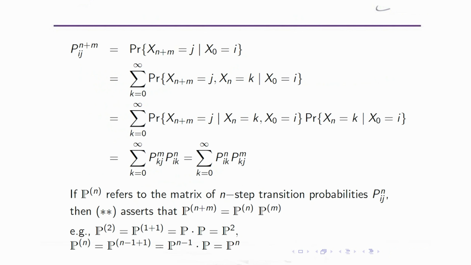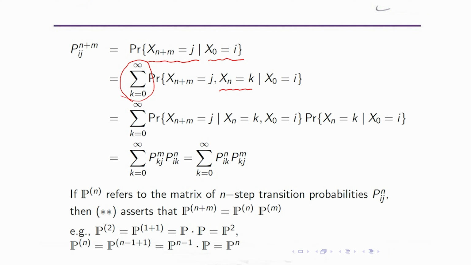Now we prove that P_ij^(n+m), based on the definition, means we start from i, and after n plus m steps, we go to j, right? And we are talking about the conditional probability here. And then we can put in one more condition, X_n is equal to k, and we sum over all possible k.